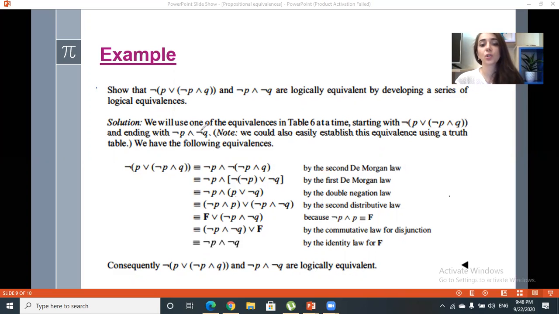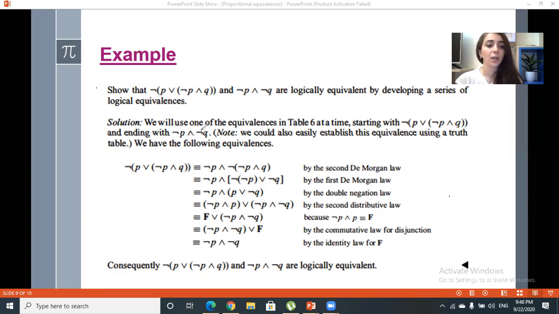Note, we could also easily establish this equivalence using a truth table, but here we don't use a truth table. We just want to develop a series of logical equivalences.